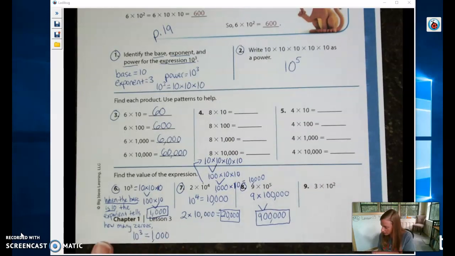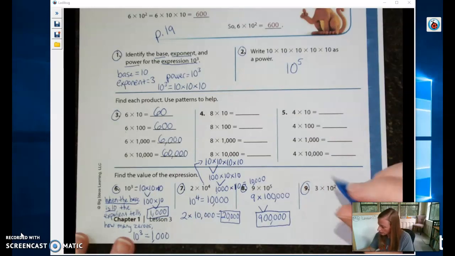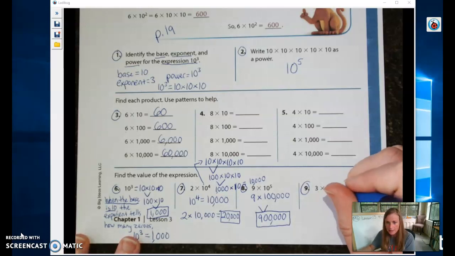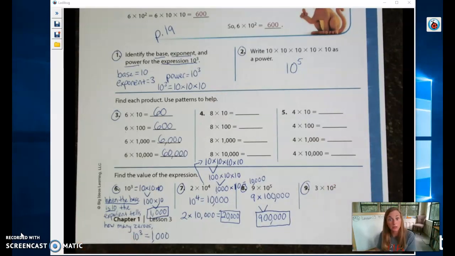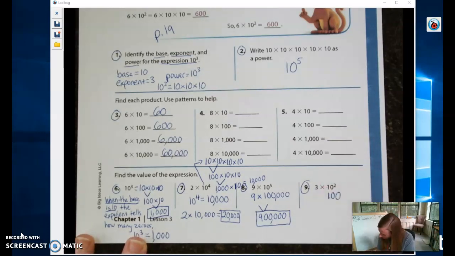All right, last one that we're going to do together for today is number 9. We've got 3 times 10 to the power of 2. So we see that 10 is the base here, so we can use our shortcut, we can use our trick, and it's going to be 1. How many zeros do we put after that 1? Very good. 2 zeros because the exponent is 2. So 1, 2.